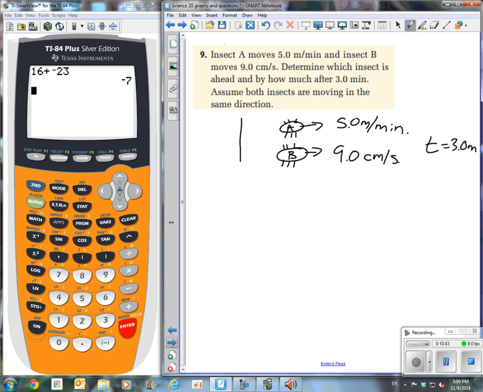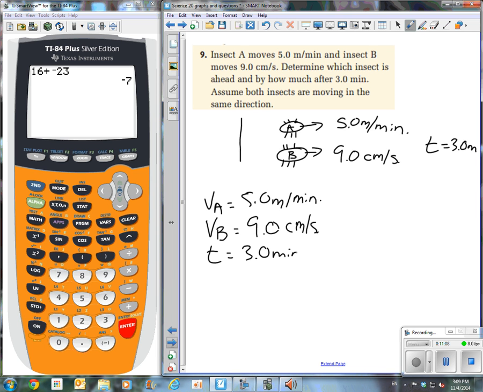Things that I know: the velocity of insect A at 5.0 meters per minute, the velocity of insect B at 9.0 centimeters per second, and the time of 3.0 minutes. The question is asking me for the displacement of insect A versus the displacement of insect B.